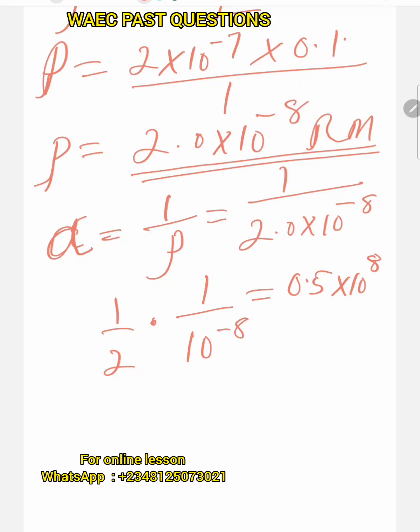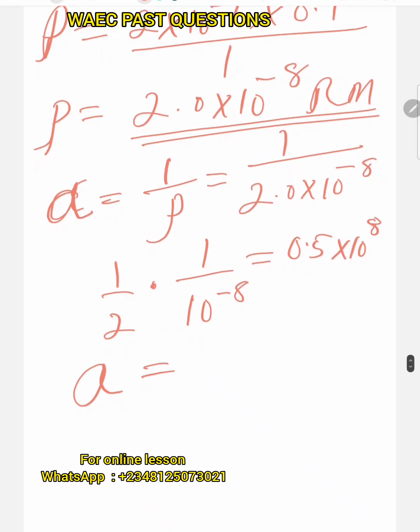So expressing it, the conductivity is 5 times 10 raised to the power 7.